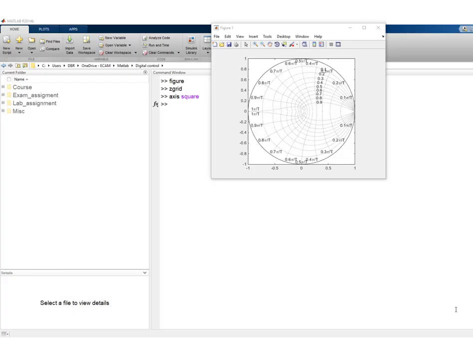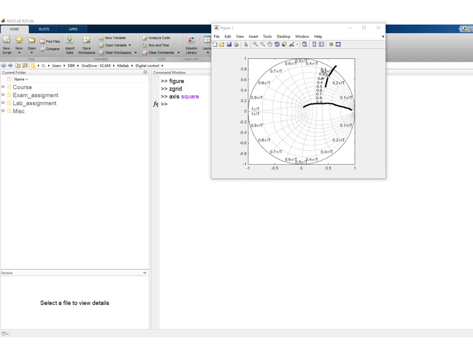Well, you can generate the same kind of diagram in Matlab. You first have to create a figure, and then using the command zgrid you obtain a diagram that you can use for pole placement in the Z domain. If you want to have the unit circle appear as a circle, you should also use axis square. So you can see here the lines of constant damping, and here it's the damping associated with 0.9, and you have the lines here of constant natural frequency, right?